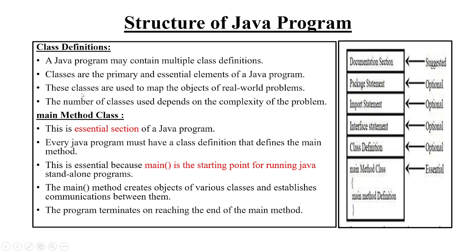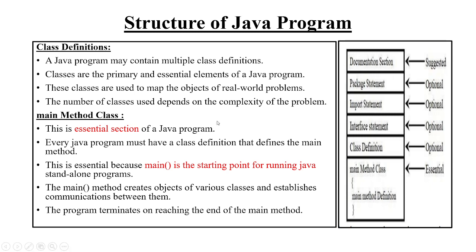And of course, these classes are going to map the real world problems, so the objects that are associated with the real world problems. And if the number of classes increases, then the complexity of the program also increases.